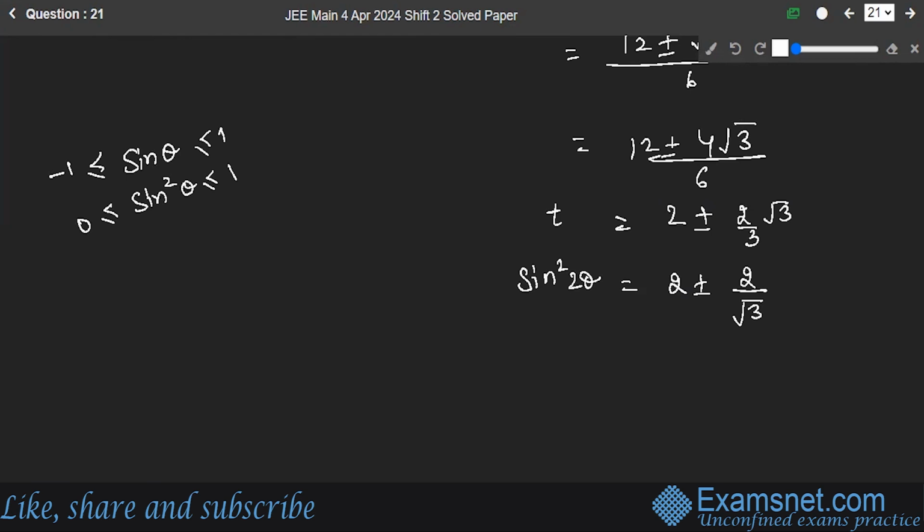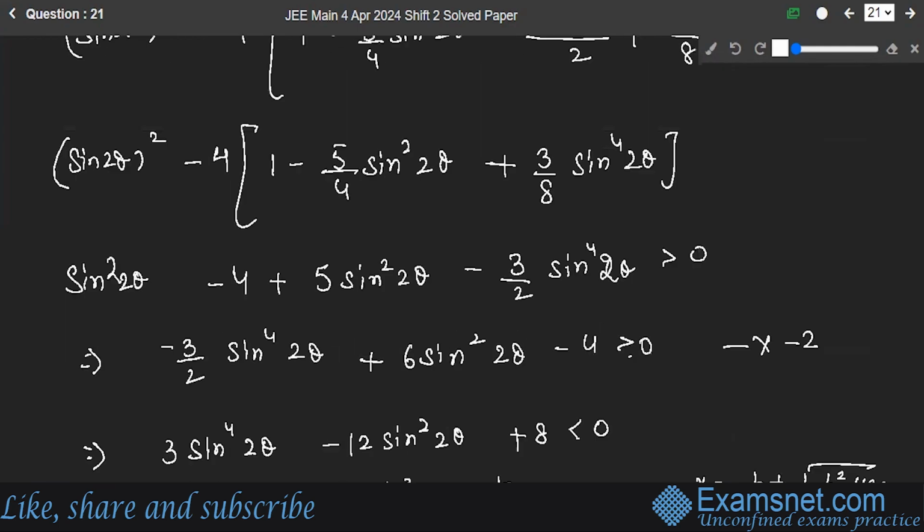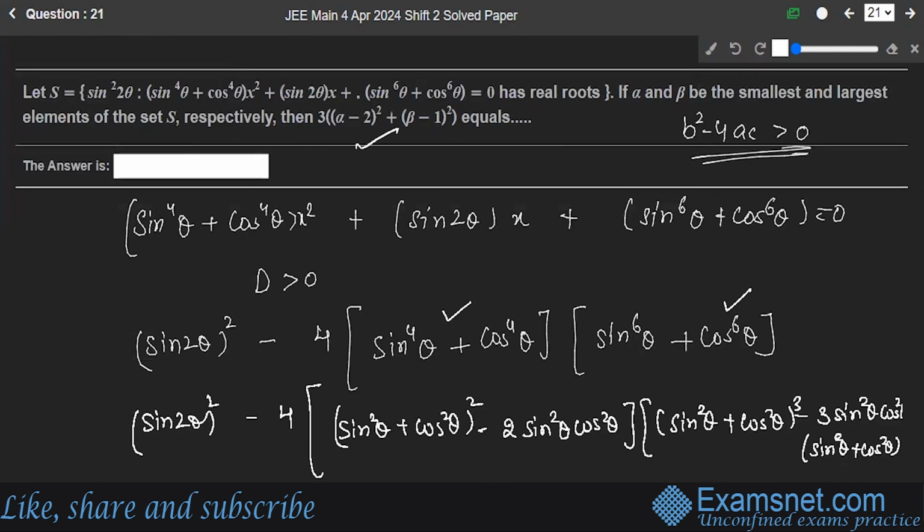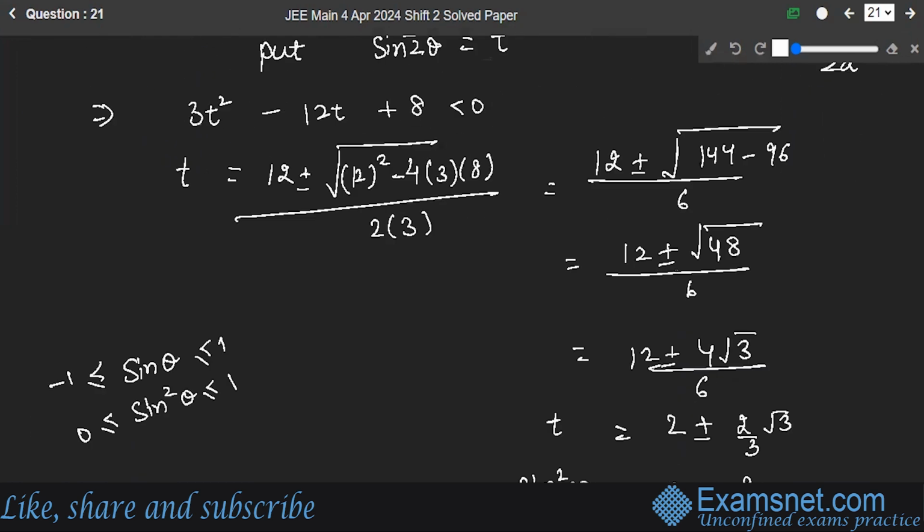So sin²2θ belongs to 0 and 1. So alpha will be equal to 2 minus 2 upon root 3 and beta will be equal to 1. Okay. So what you have to find out was this expression. Let's write it down. 3 into alpha minus 2.